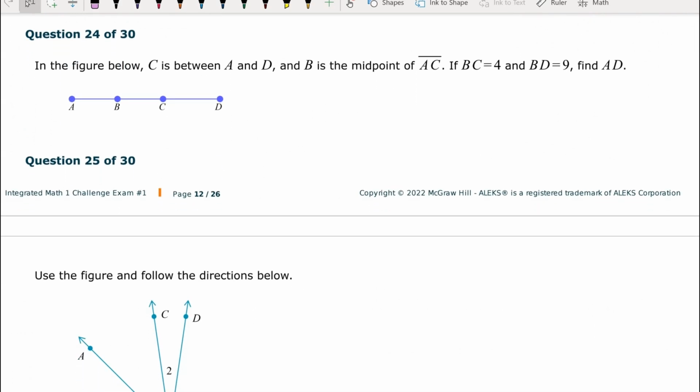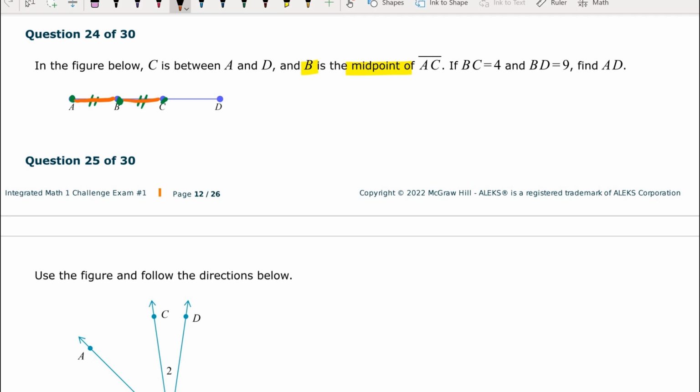All right, number 24. In the figure below, C is between A and D, and B is the midpoint of AC. The key phrase here is B is the midpoint of AC, which means B is right in the middle and divides AC into two equal parts. We have AB equal to BC, so AB has the same length as BC.